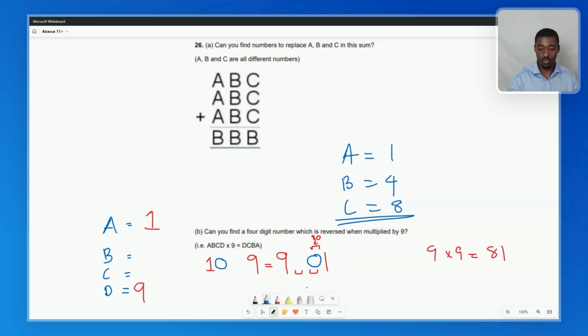And again, the reason we know that is because let's say we had a 1 here. Yes, this would work in the sense that we have 100 times 9, which is 900. So we're adding 900 onto this thing. But that would be 981, which wouldn't work because we see that this is meant to be 1 and not 8.